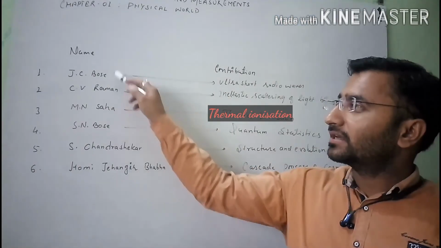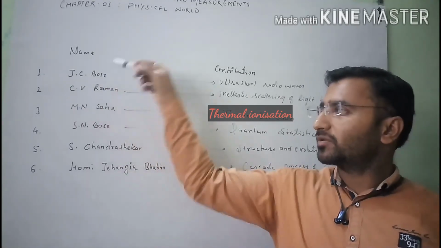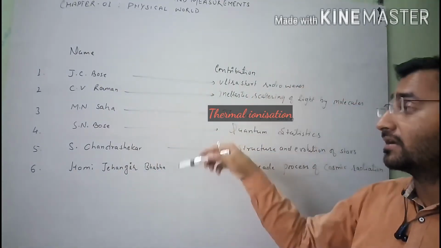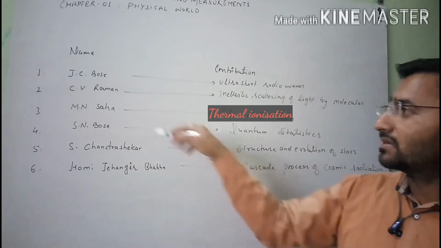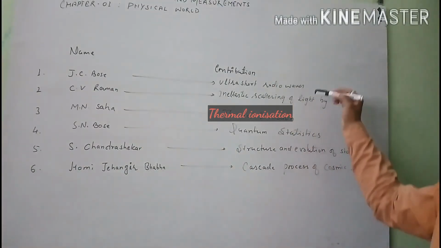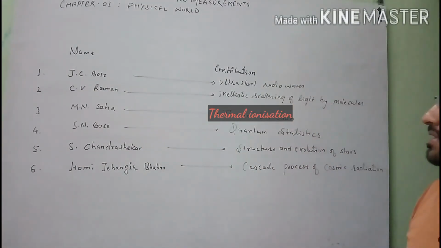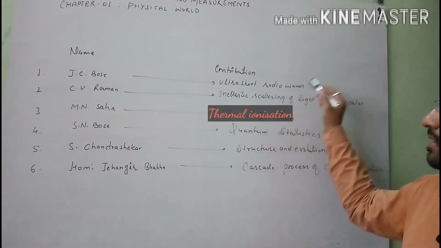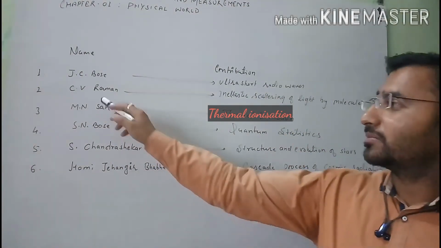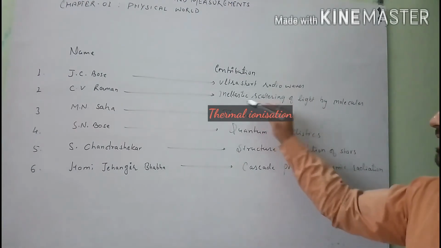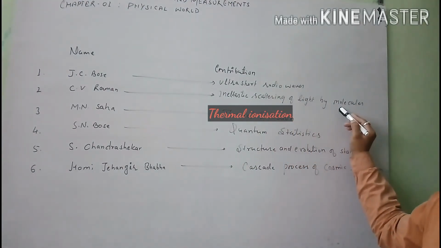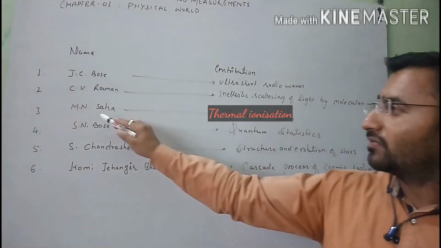I have written here the names of the Indian physicists and their contributions. First is J.C. Bose. His contribution is the discovery of ultra short radio waves, and C.V. Raman for inelastic scattering of light by molecules, and for M.N.